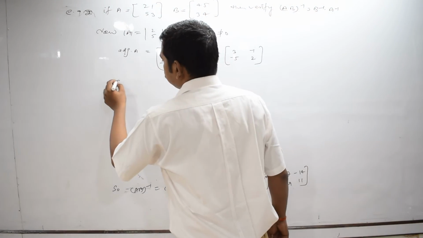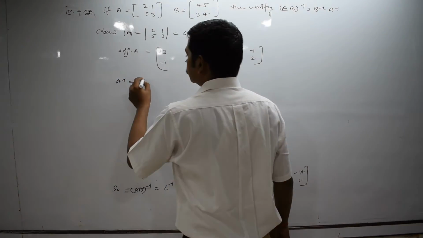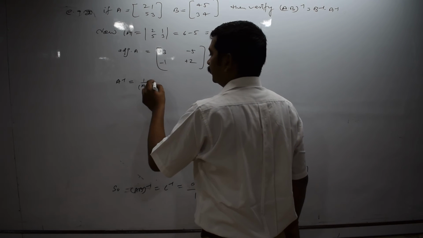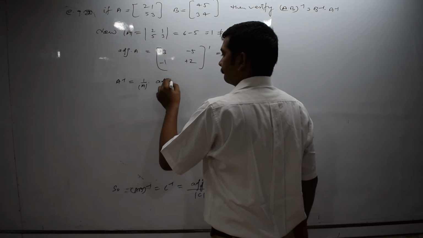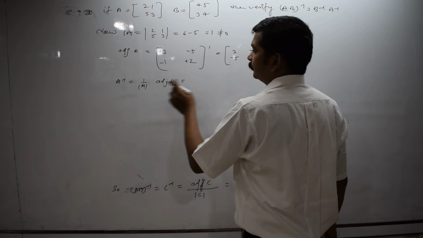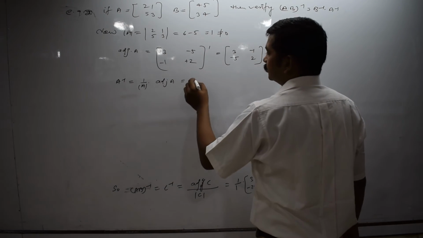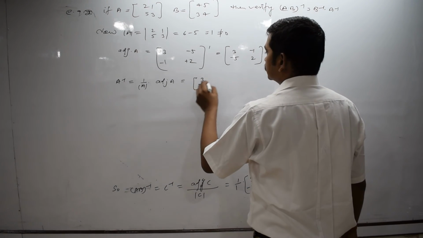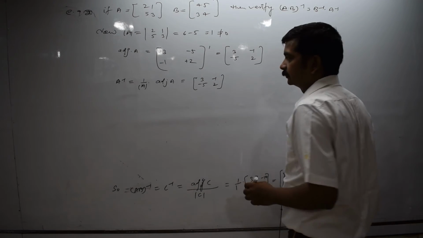So A inverse equals 1 by determinant A times adjoint A, and the determinant is also 1.